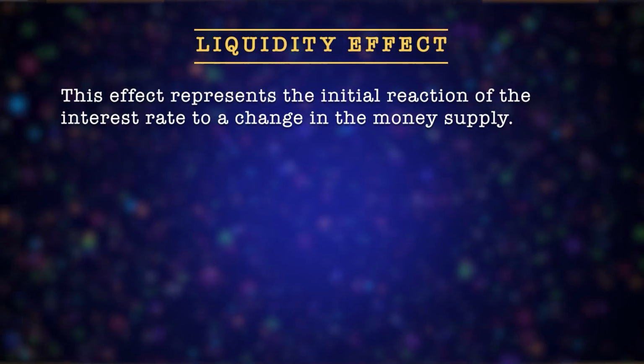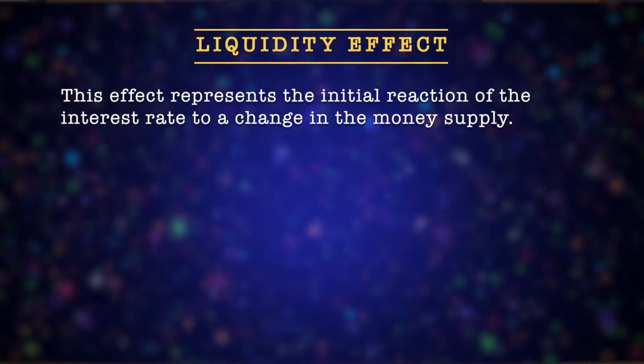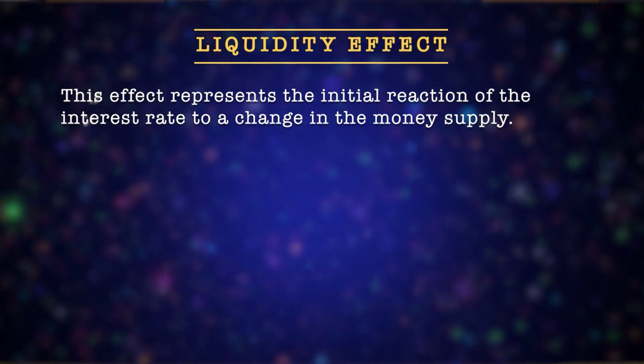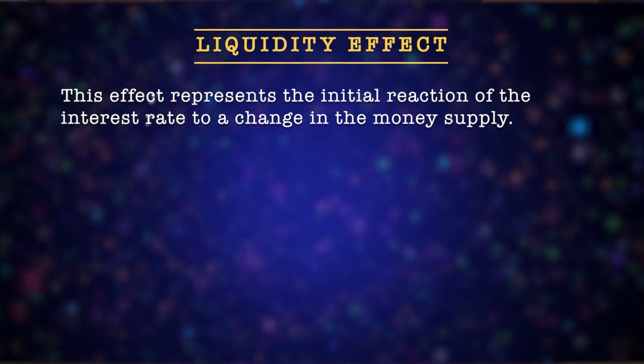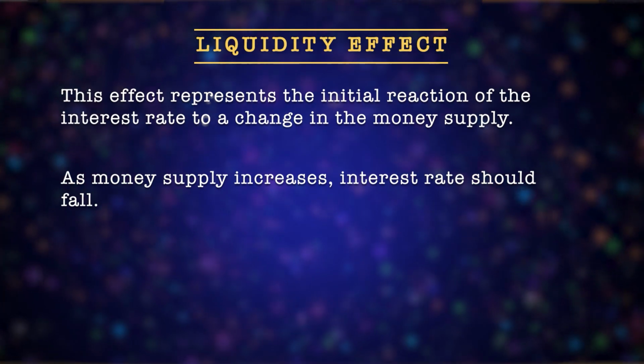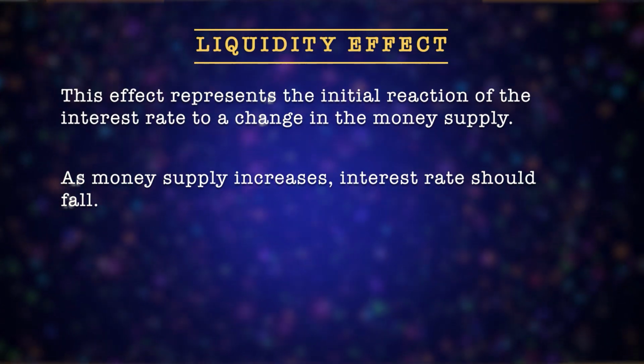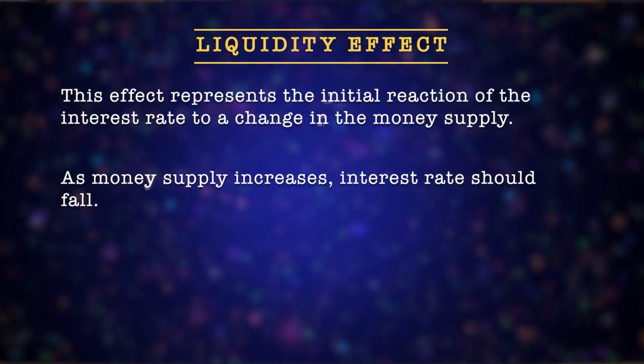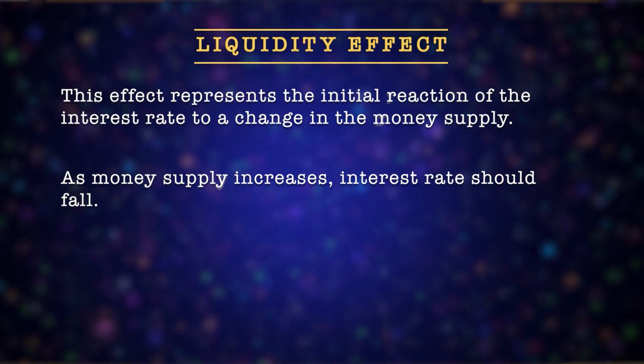So firstly, we will try to discuss what we mean by the liquidity effect. This effect represents the initial reaction of the interest rate to a change in money supply. Because as money supply increases, the money supply schedule will shift to the right.